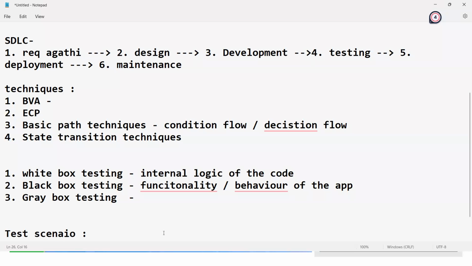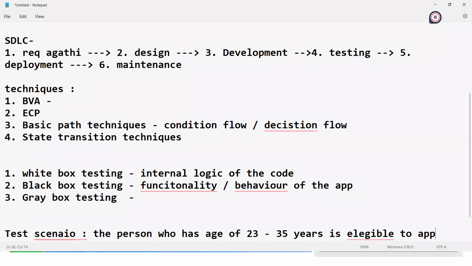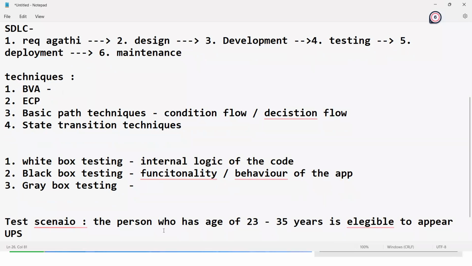The test scenario is: a person of age 23 to 35 years is eligible to appear for some UPSC, IAS exams.